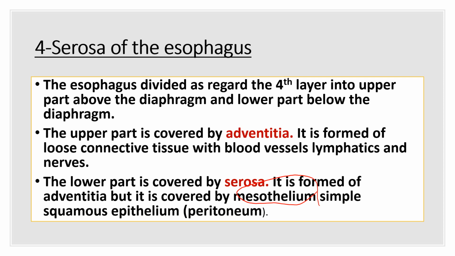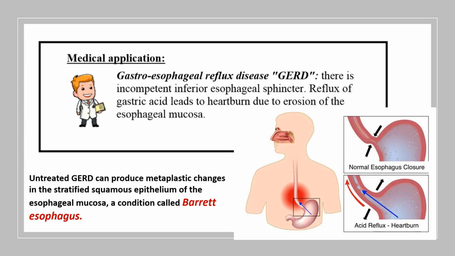Do we have a medical application for the esophagus? Yes, we have a medical application called GERD. I think many of us complain of this GERD. What is GERD? It is gastroesophageal reflux. What is meant by gastroesophageal reflux? It means that the lower sphincter of the esophagus is incompetent.